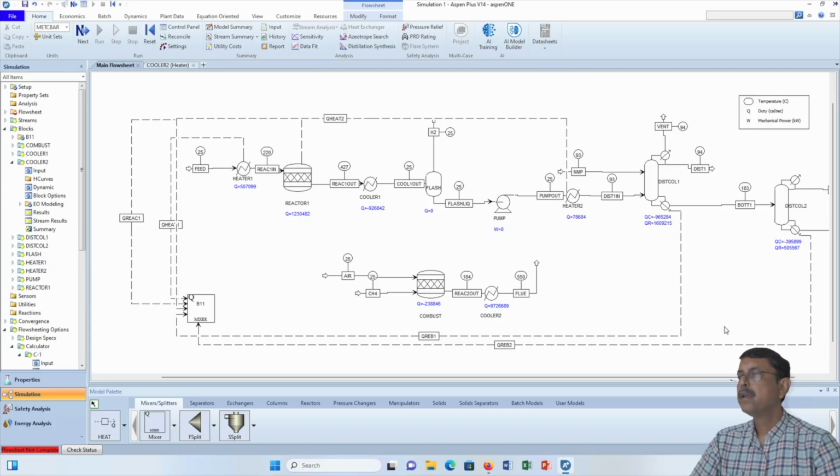Okay, so that way we have collected the heat streams from heater 1, heater 2, reactor 1, reboiler 1 and reboiler 2. From all of them, we have gathered all the heat requirement.